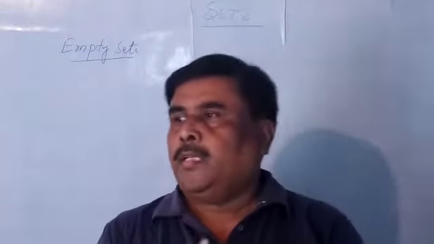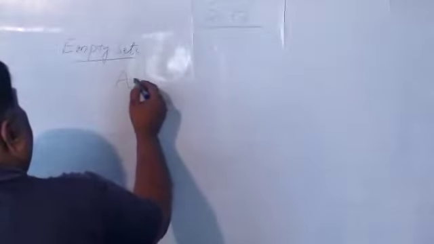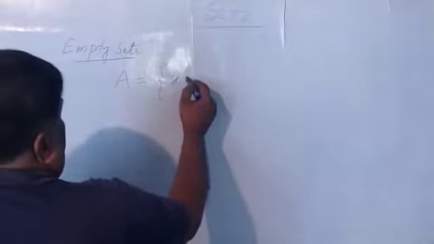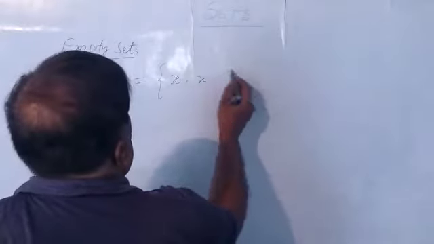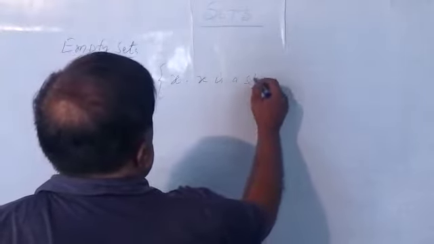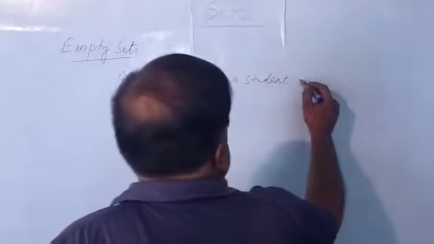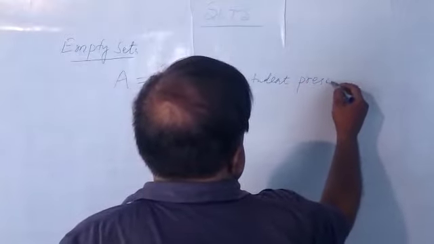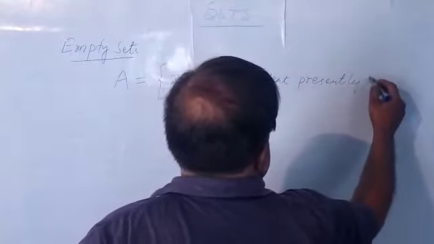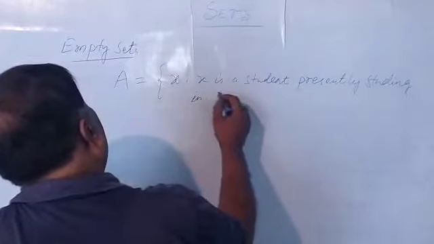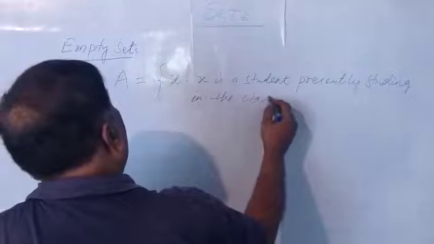As you know, if we consider a set A in roster form, where set A is the collection of all x such that x is a student presently studying in the class 11th.